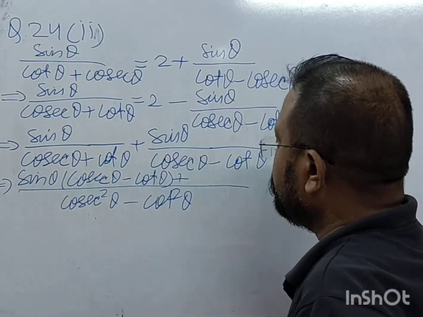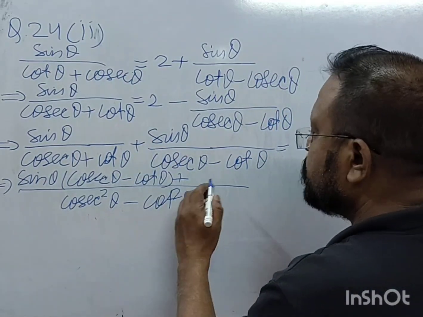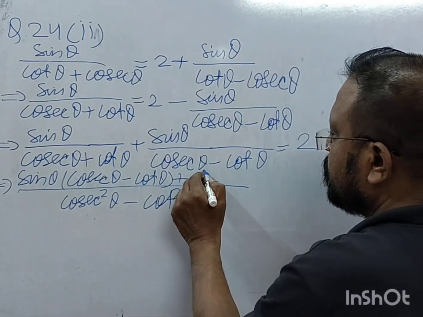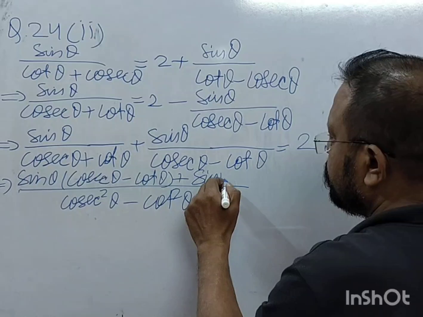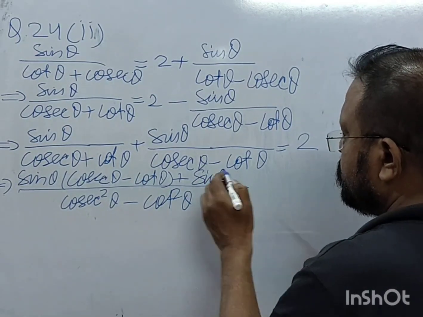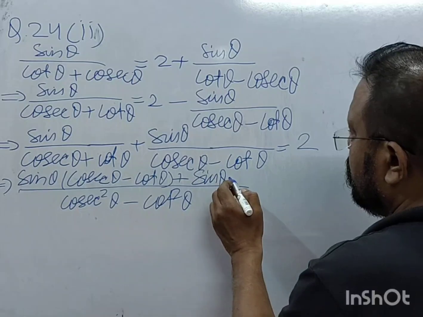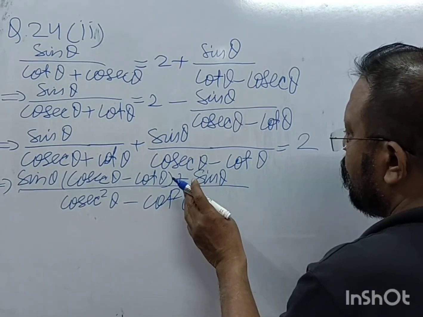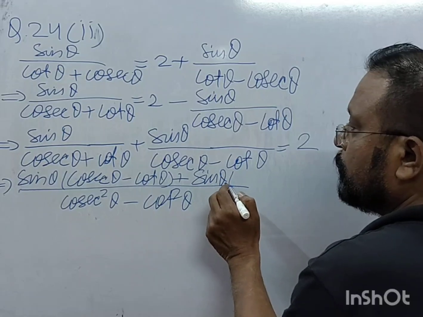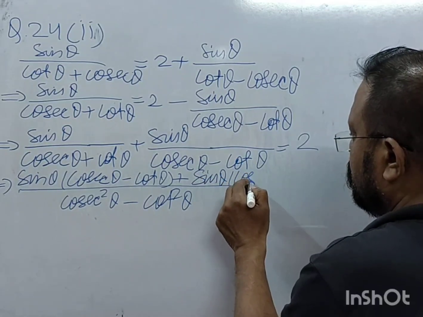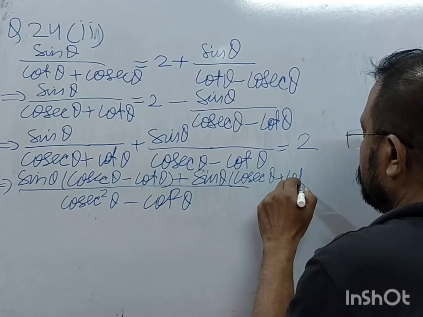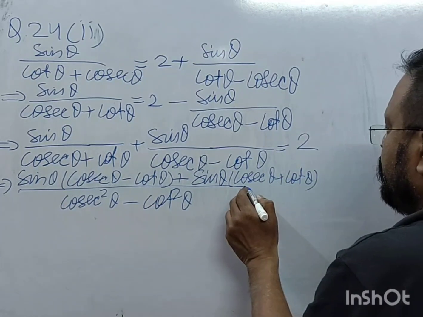Plus here, if you take minus out, then plus sin theta bracket cosec theta plus cot theta, right?